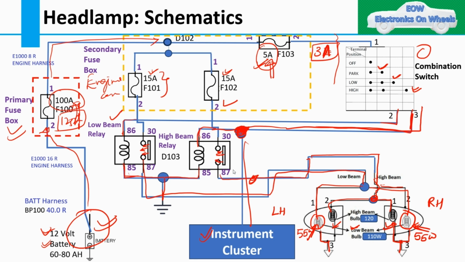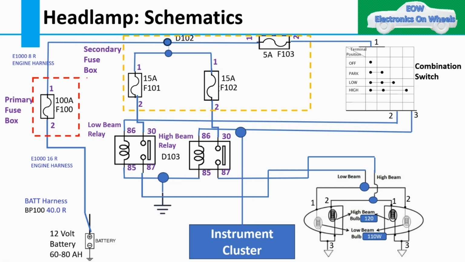All the connections you can connect anytime, but the main part is how you decide from where you are making the connection, and what will be affected if I am not taking this connection from here. Let me erase one time, sorry. Suppose I am not taking this instrument cluster connection from here and I am taking it from here, then what will be the effect?